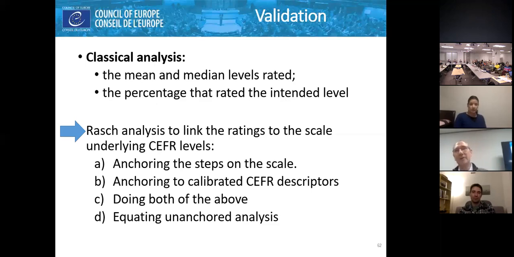Afterwards, there is a technique, just in Excel, to convert the scale you've got into the original scale, using means and standard deviations, things like that.